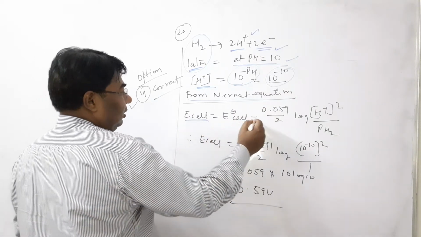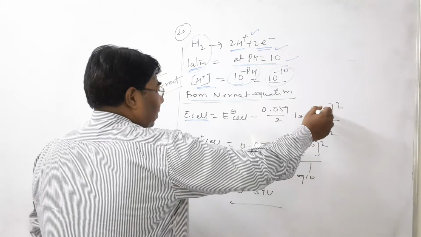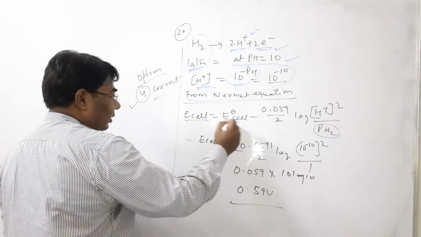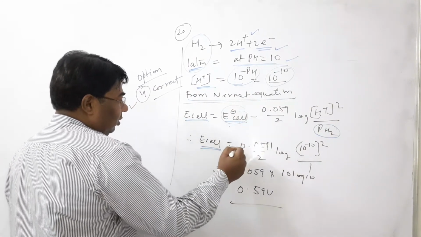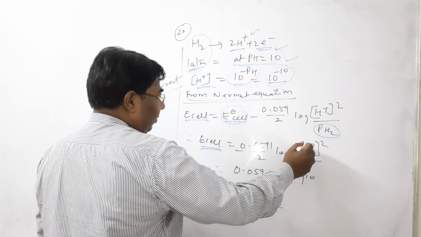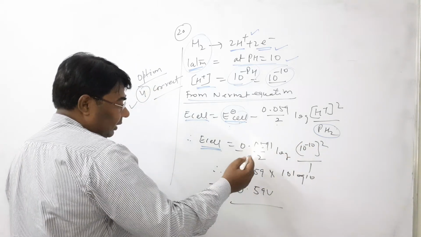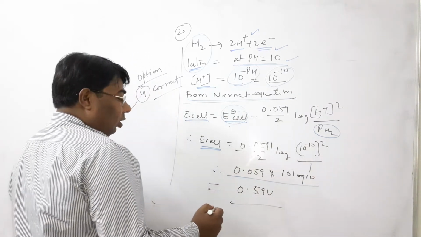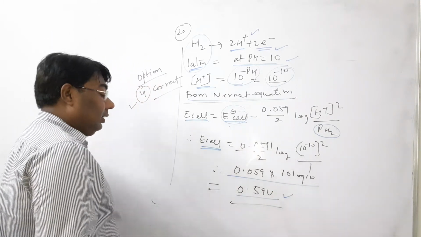E cell is equal to E naught cell minus 0.059 by 2 log of concentration of H+ to the power 2 by pressure of hydrogen gas. And the value of E naught cell is 0 volt. Therefore E cell is equal to minus 0.059 by 2 log of (10 to the power minus 10) to the power 2, and then the 2 cancels out, giving 0.059 into 10 log 10. Therefore the answer is 0.59 volt.